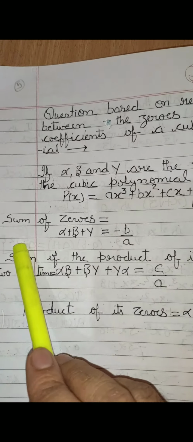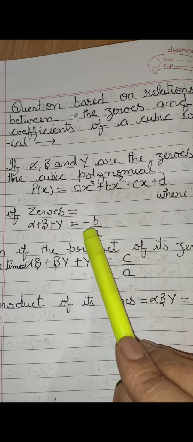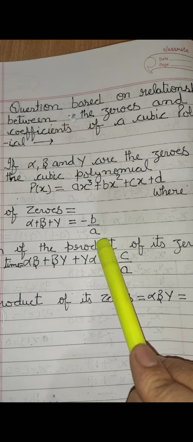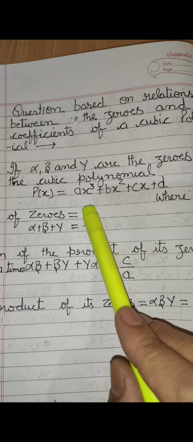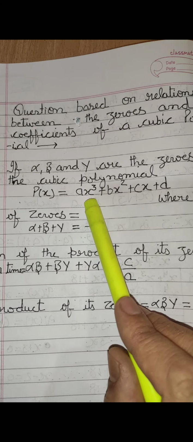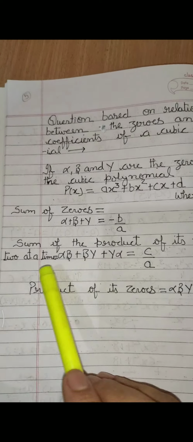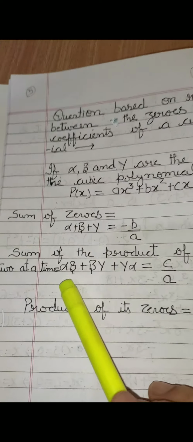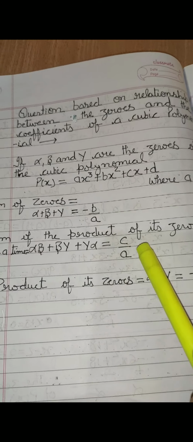So the sum of zeros, that is alpha plus beta plus gamma, is equal to minus b upon a, that is, minus coefficient of x square upon coefficient of x cube. The sum of the products of zeros taken two at a time, that is alpha beta plus beta gamma plus gamma alpha, is c upon a.